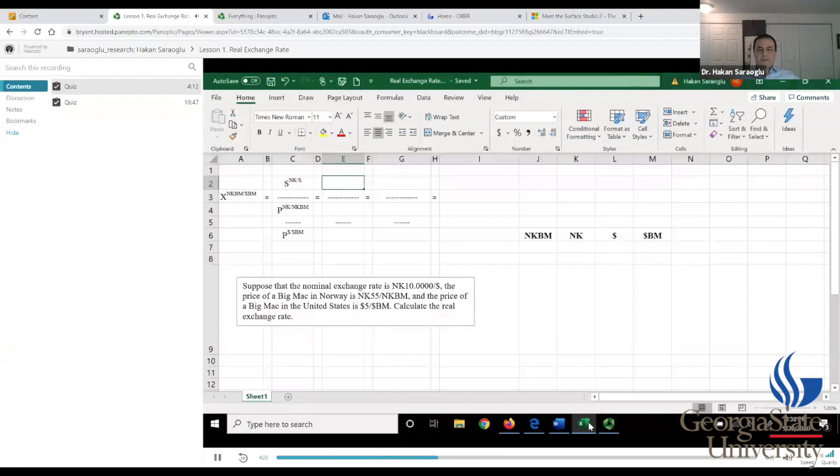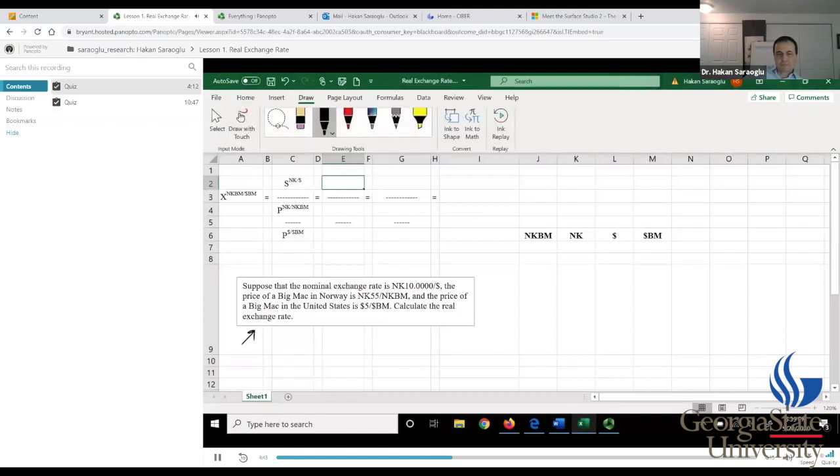All right, so now you answered the quiz questions. You're ready for a further discussion of the concept of the real exchange rate, this time using this model that I prepared for you. Here it's a spreadsheet model, and here's our quiz question, and we will actually now use our model to illustrate the answer to your quiz question.